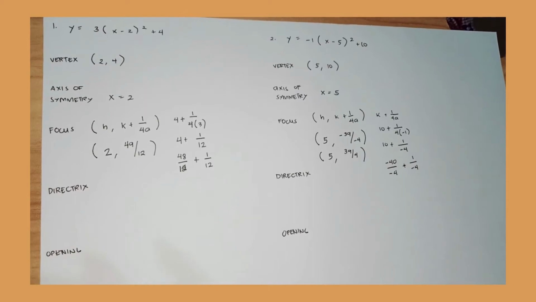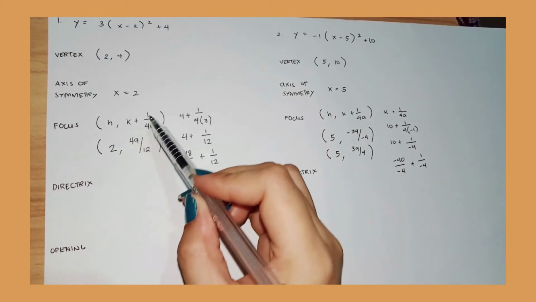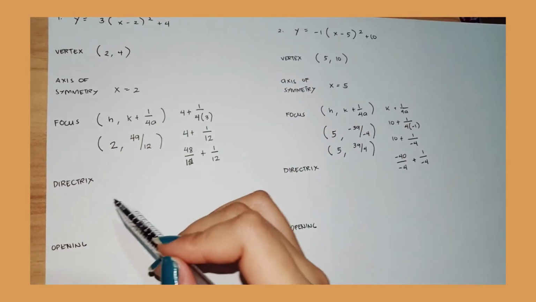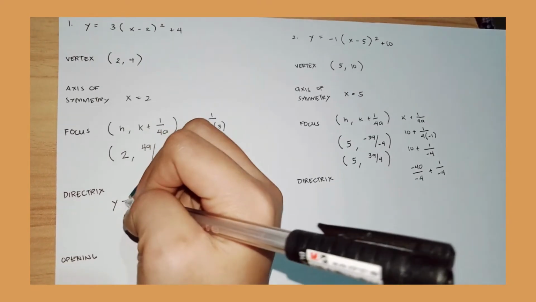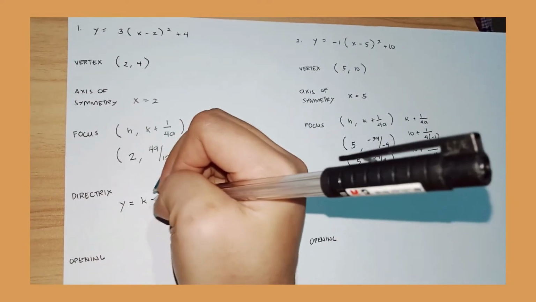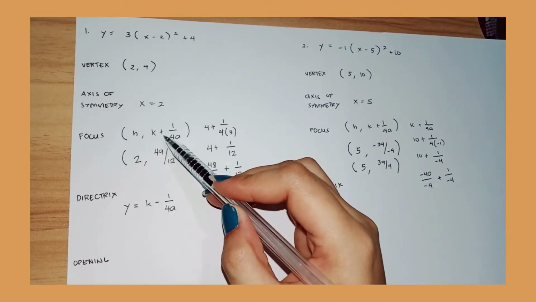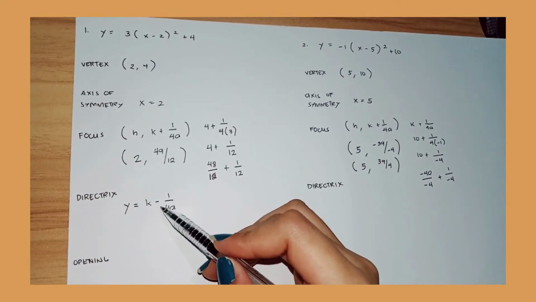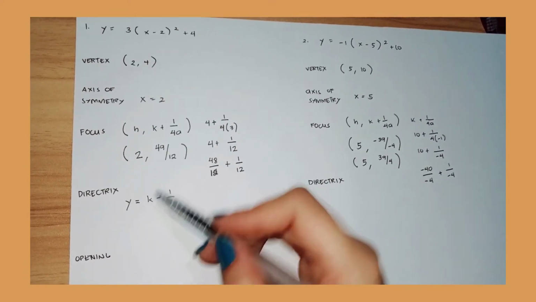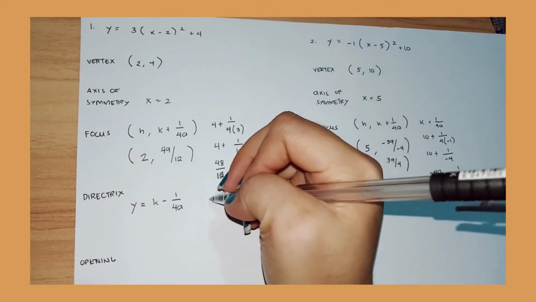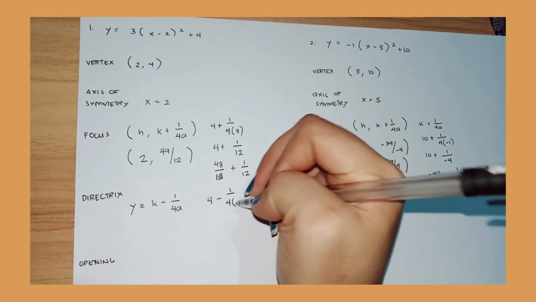Next naman, how can we solve for the directrix? Kung yung focus natin ay k plus 1 over 4a, yung directrix naman, that is y equals k minus 1 over 4a. Yung focus plus, yung directrix minus or subtraction. Kung gagawin natin ito, yung k natin ay 4 minus 1 over 4, yung a natin ay 3.